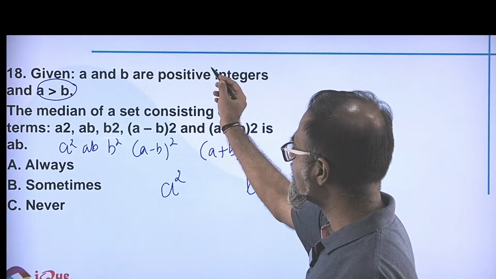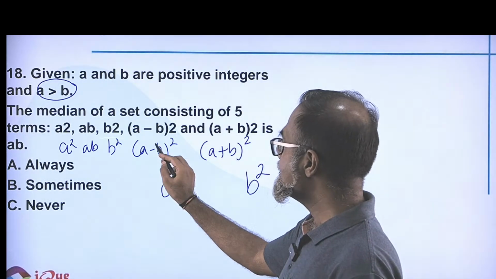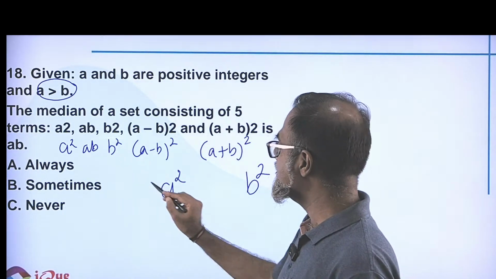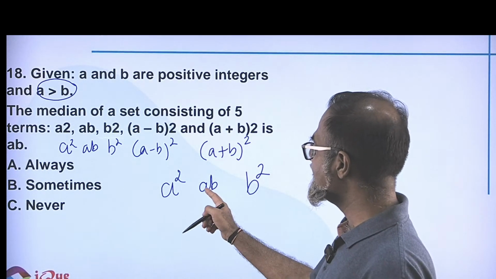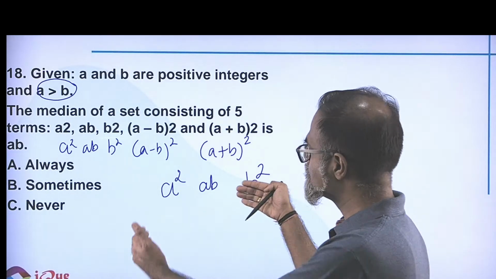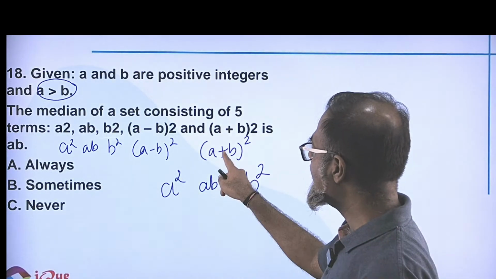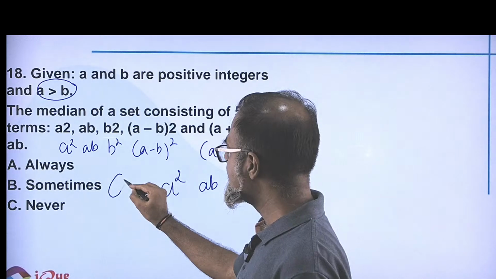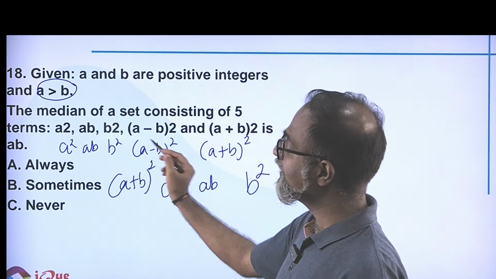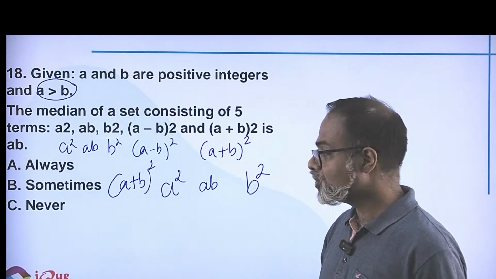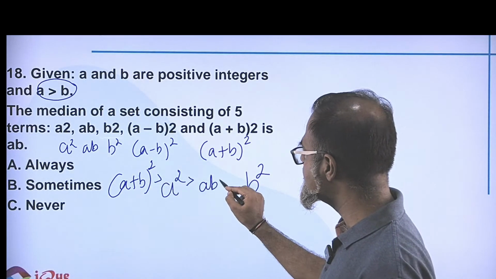And because they are positive integers, a into b will always be somewhere in between. Right? Because a is the larger number, b is the smaller number. So ab will be somewhere in between. And because they are positive integers, (a plus b) the whole square is definitely going to be larger than a square. So this is greater than this is greater than this.